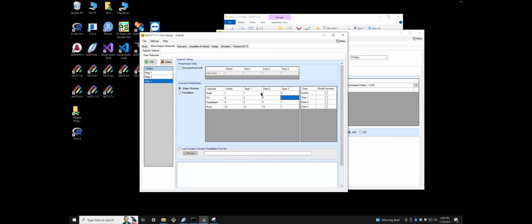And maybe one where there's less death, but they're simply in the ICU, and otherwise no different. So we can start to play around and create non-OR type probabilities.